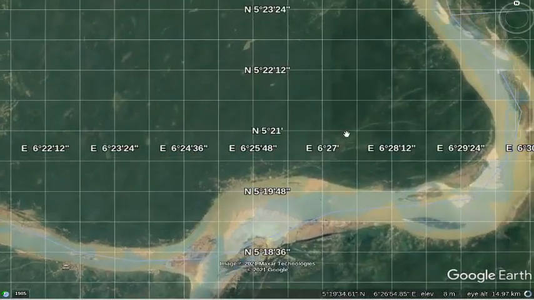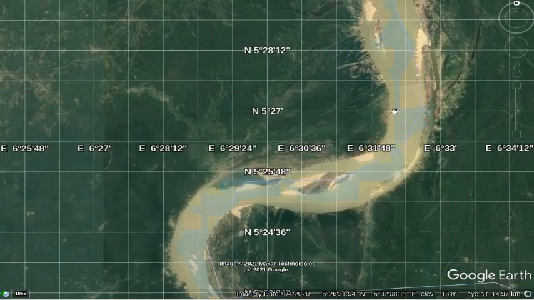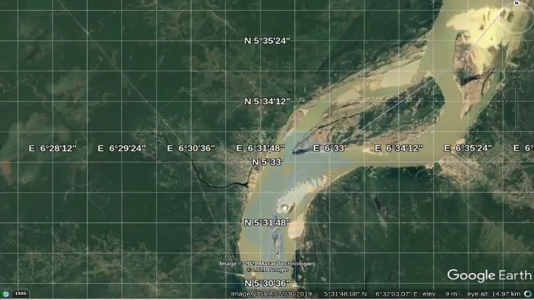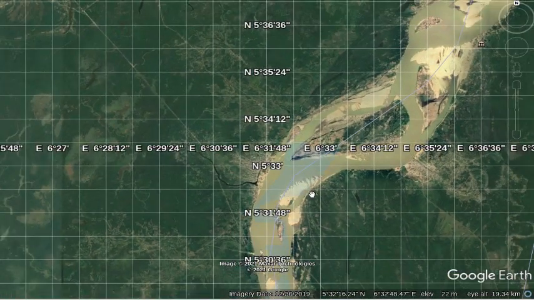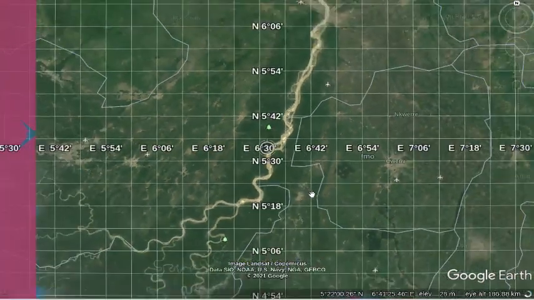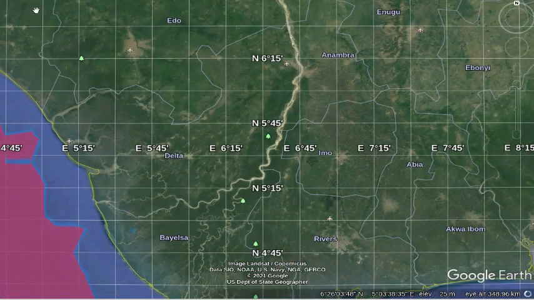Everything that's blue is 10 meters above sea level or less. Meanwhile, as you can see, we are in fact many miles inland, far away from the coastline. So there's very little drop in the water.